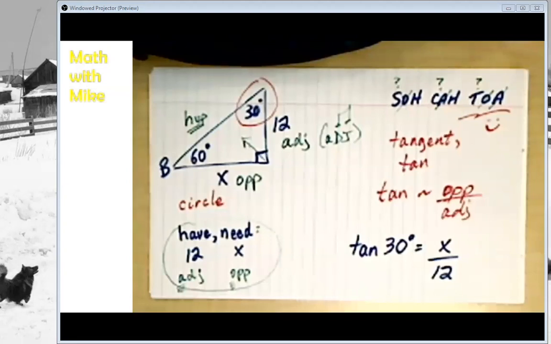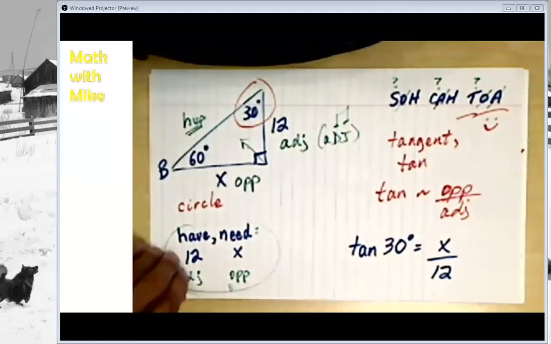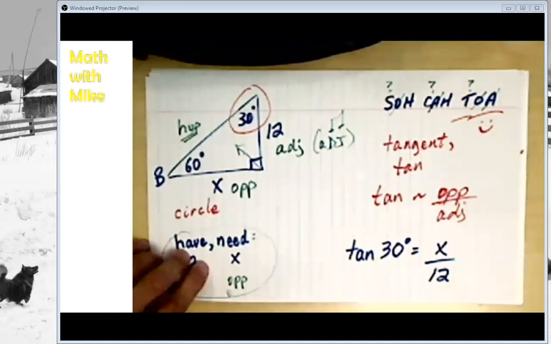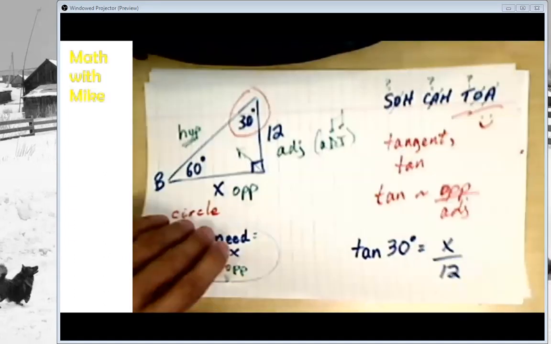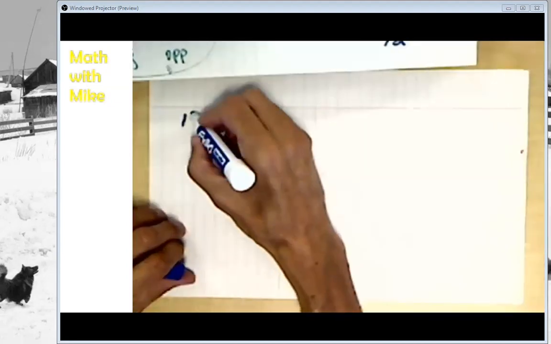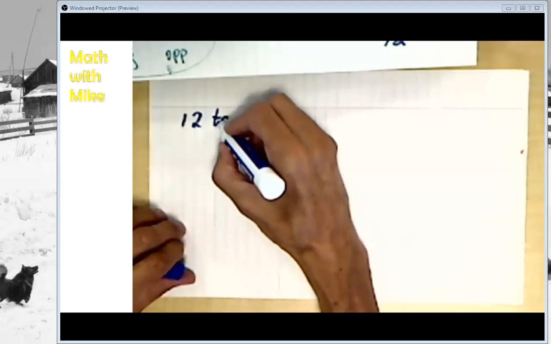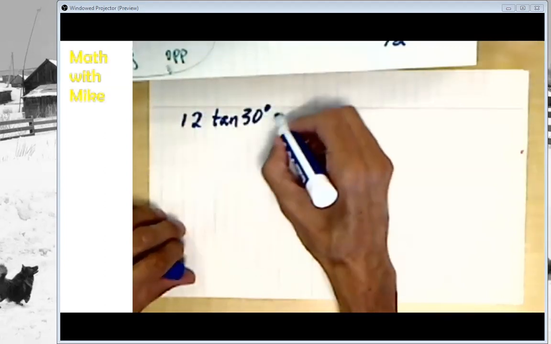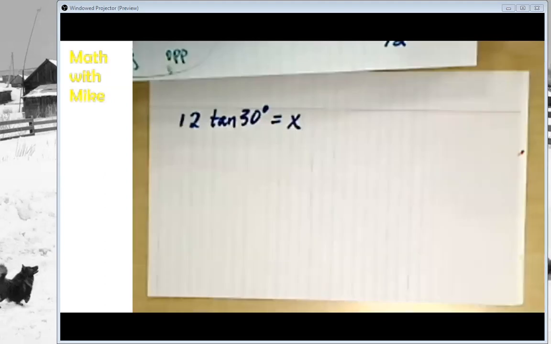All right, so if we go 12 tangent of 30 degrees, okay. The next step looks like this. Twelve goes up. So we got X on its own.